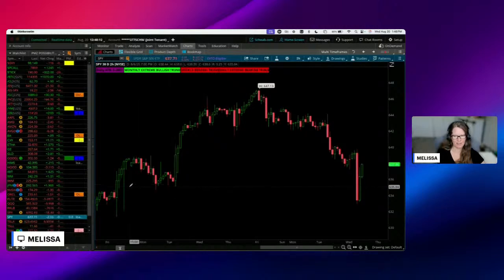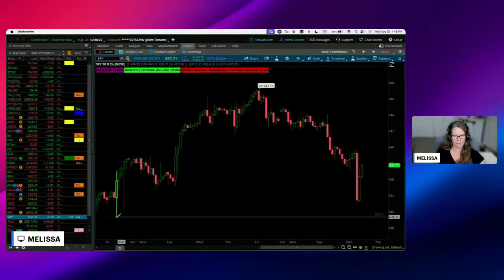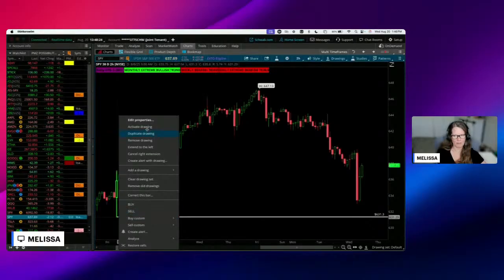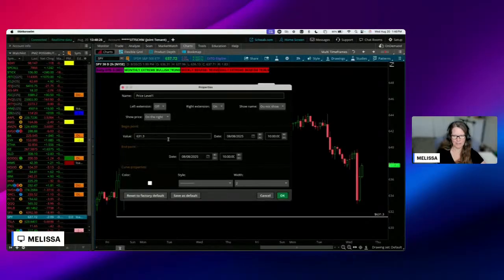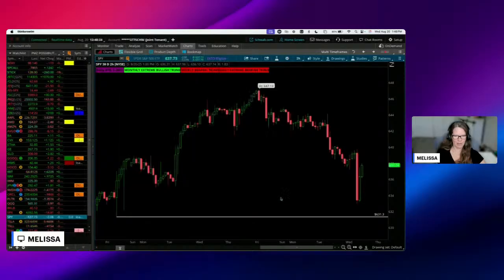I can see here with these bottoming wicks that buyers were stepping in this area. The bottom of my floor or the bottom of my support is right down here at 631.30. Okay, that's going to be the bottom of the floor for me or the bottom of my support zone.